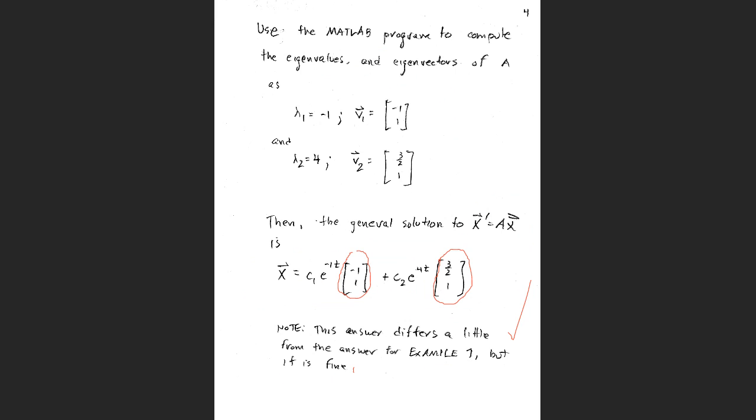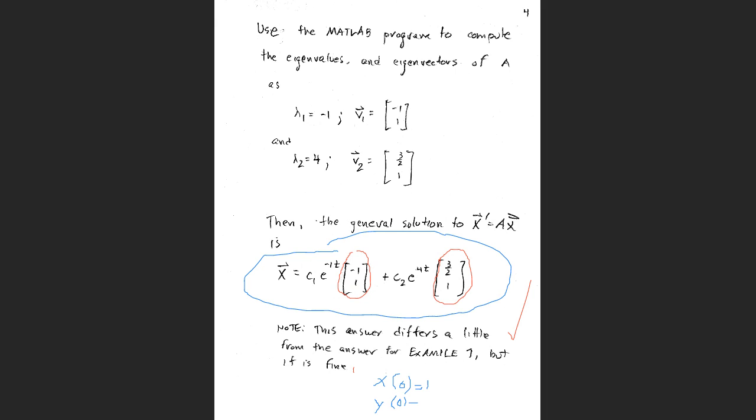And now, at this stage, we have a general solution. But remember, we were given initial conditions on x and y. We were told that x of 0 was equal to 1, and that y of 0 was equal to 4.